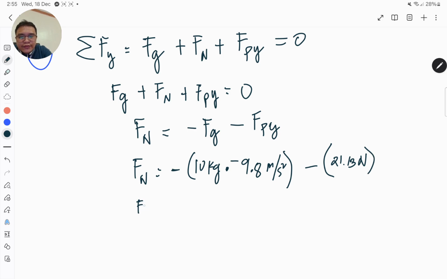So our Fn right now, take note, this is negative and negative, so this will become positive. So this will become 98 newtons here, minus 21.13 newtons. So our normal force right now would be equivalent to 98 newtons minus 21.13, which will give us a result of around 76.87 newtons. And let's box this answer here.